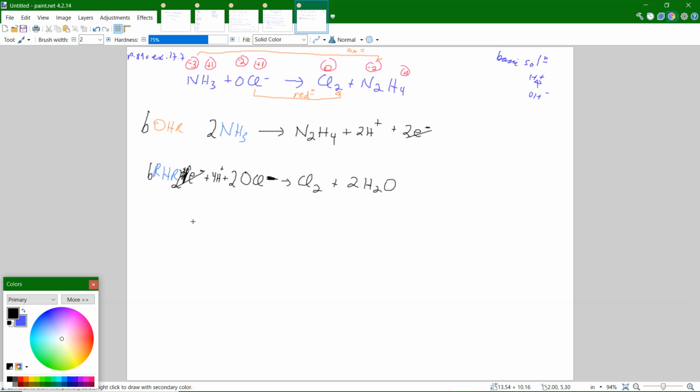manipulating. And I'm going to get 4H plus, 2 NH3 plus 2 OCl minus goes to Cl2 plus N2H4 plus 2H2O. I got a 2H plus there. And I look and I say, oh, I had 4H plus on the left and 2H plus on the right, so I'm going to cross those out and just get 2H plus on the left.